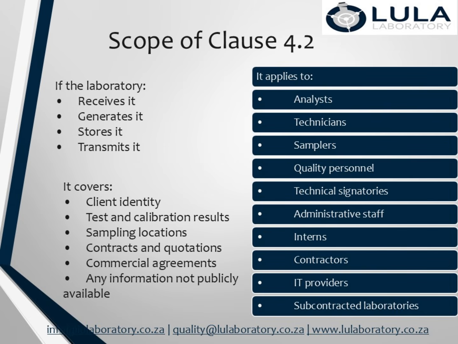This requirement is not limited to management. It applies to analysts, technicians, samplers, quality personnel, technical signatories, administrative staff, interns, contractors, IT providers, subcontracted laboratories. Confidentiality is operational, not theoretical.